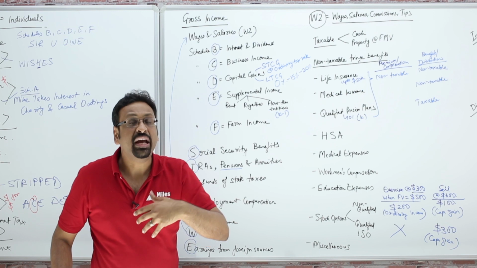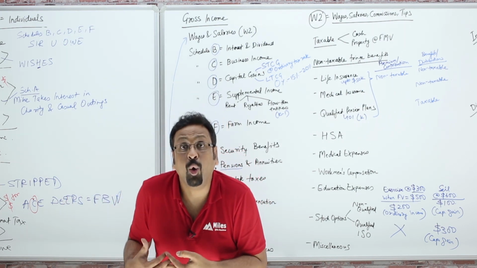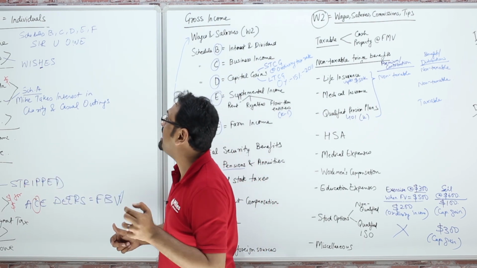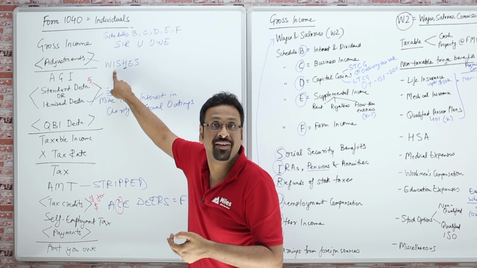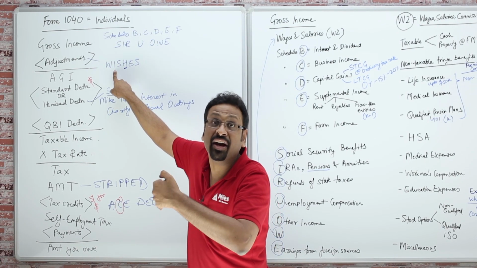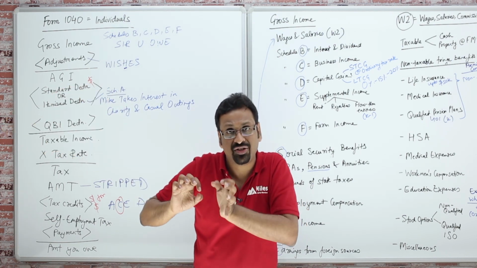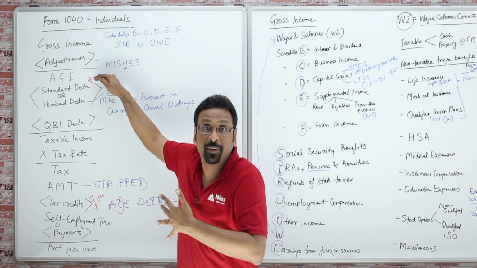Now note, when the individual is setting aside money towards his or her own IRA during the working career, it is allowed as an adjustment to AGI. So the I of WISHES, that's IRA deduction. So during the working career, when the individual is setting aside money for IRA, it's an adjustment, a deduction to AGI.